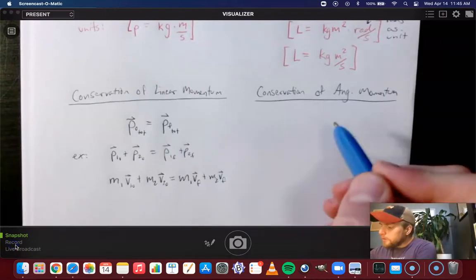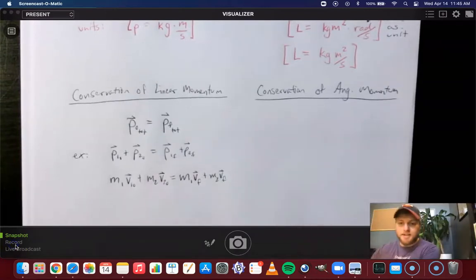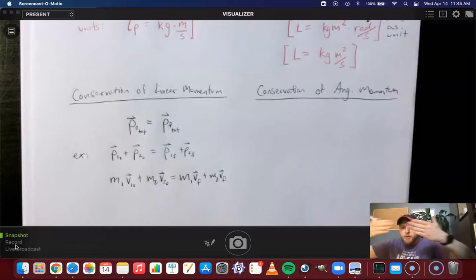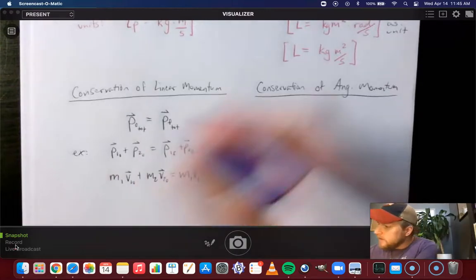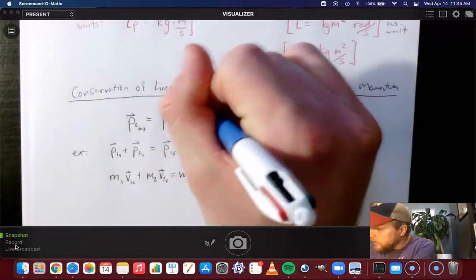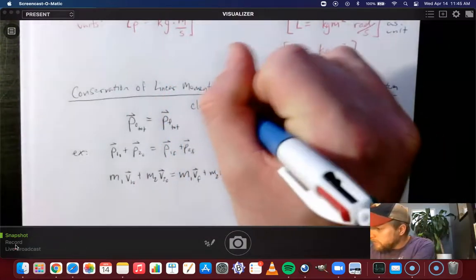For angular momentum, it's the same exact concept, except instead of things bumping into each other in straight lines or at angles, for conservation of angular momentum we have things spinning, and their momentum will be conserved as long as it's a closed system. So I should clarify, this is true for a closed system.